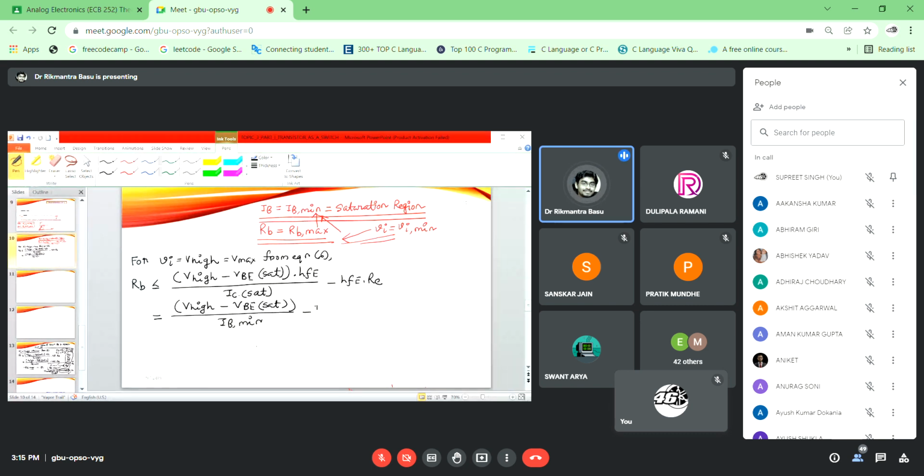IB minimum, or HFE into RE. That actually ensures your RB max value.